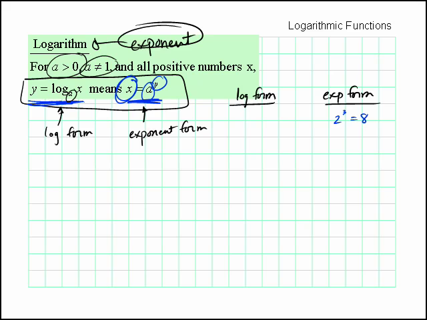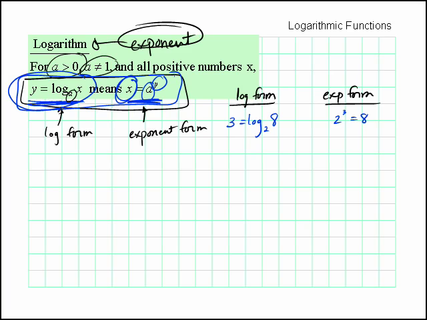And so if I write it in log form, then the 3 is here, log, the base is the 2, so it's lowered. We write it a little subscripted like that, log base 2 of 8. I just did a little bit of substitution here, and I got 3 equals log base 2 of 8, and that's what it would be in log form.